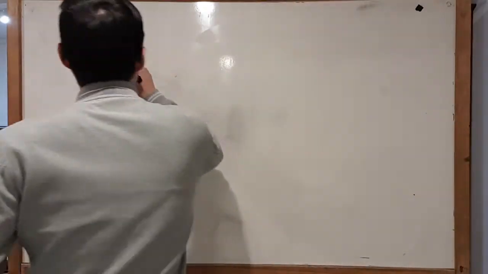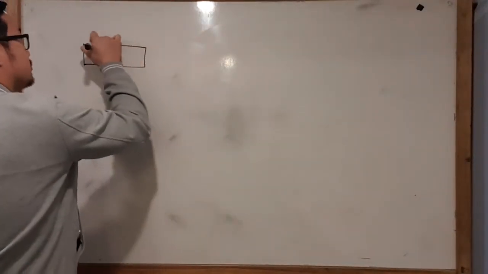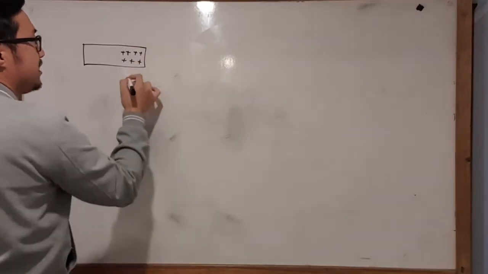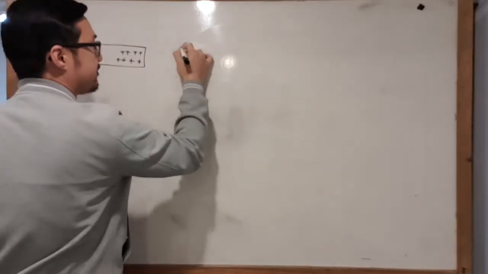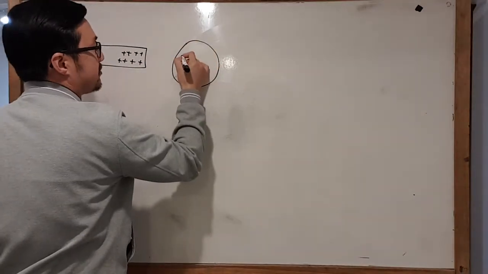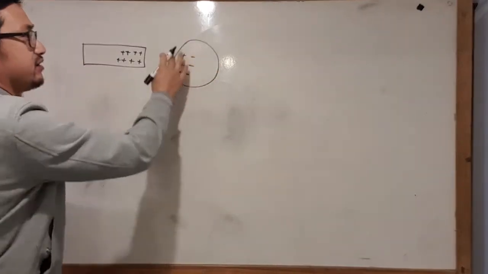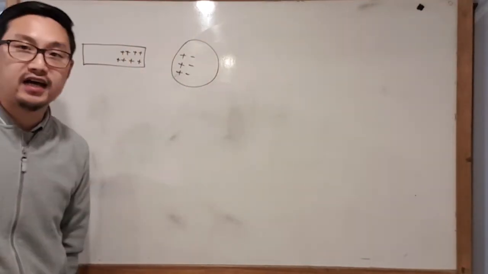In your notes, we have something that is positive charge, and let's say this object is a neutral object, with 3 positive and 3 negative. So this is neutral and this is a positive charge.